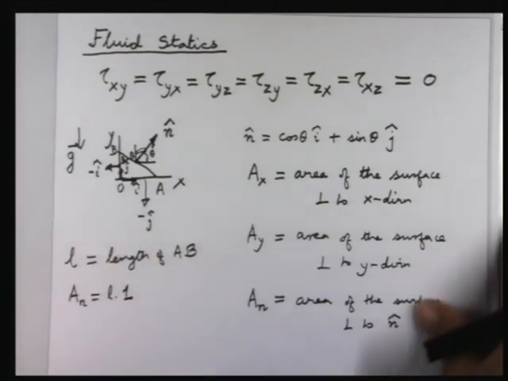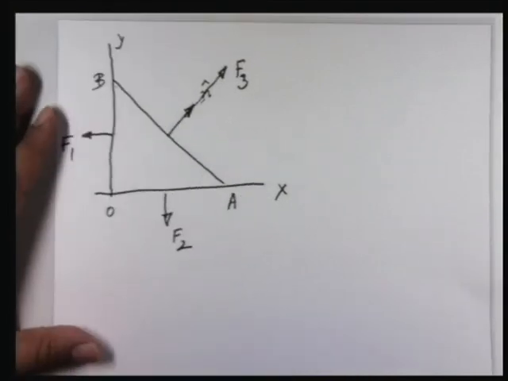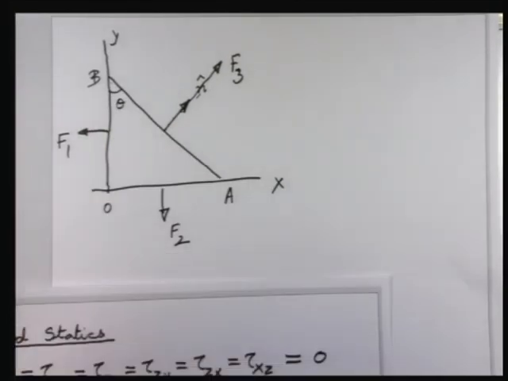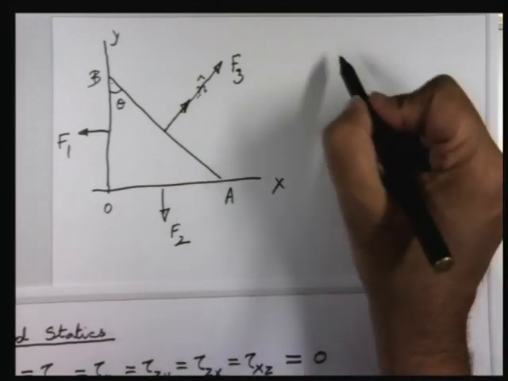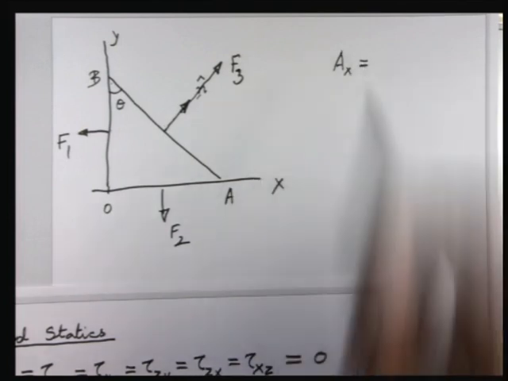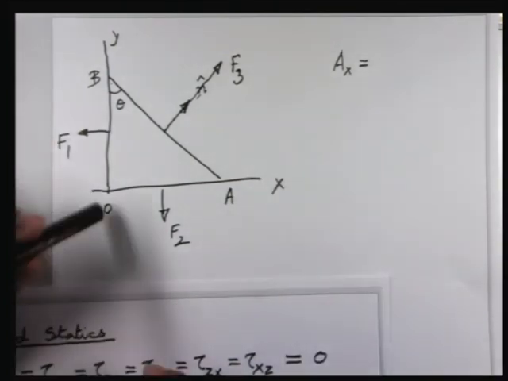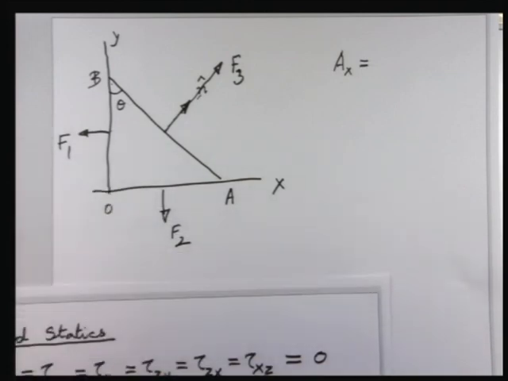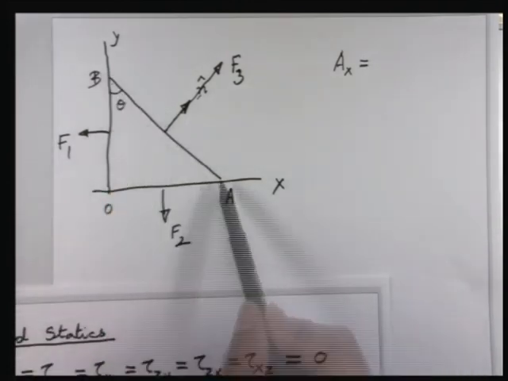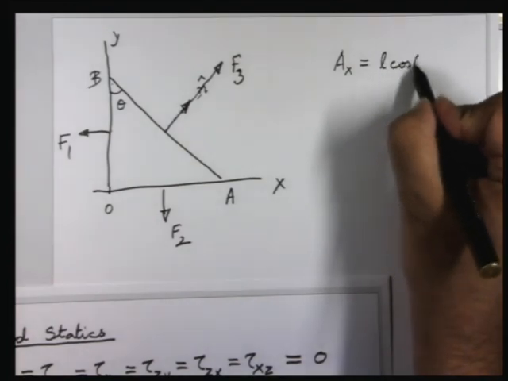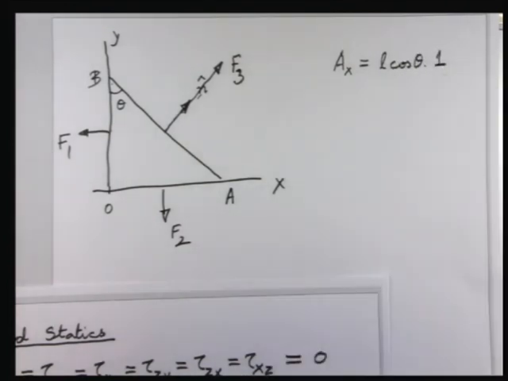Now, if I come back to this figure, which is a larger figure, we are saying that this angle is theta. So, what will be AX? AX will be the length of OB, this length, into 1. Now, if this is L, then this is going to be L cos theta into 1.